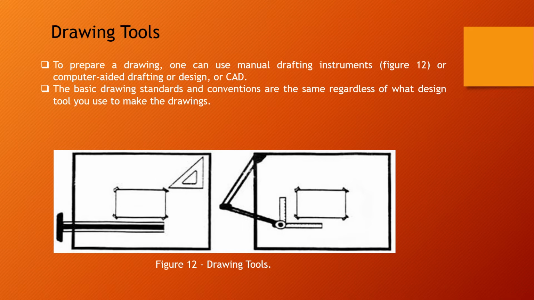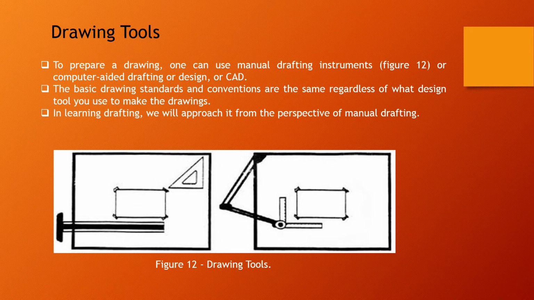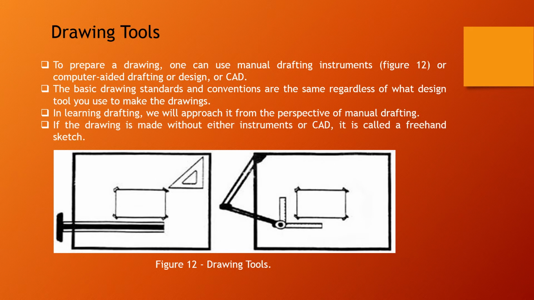The basic drawing standard and conventions are the same regardless of what design tool you use to make the drawing. In learning drafting, we will approach it from the perspective of manual drafting. If the drawing is made without either instrument or AutoCAD, or we can say CAD, it is called freehand sketching.